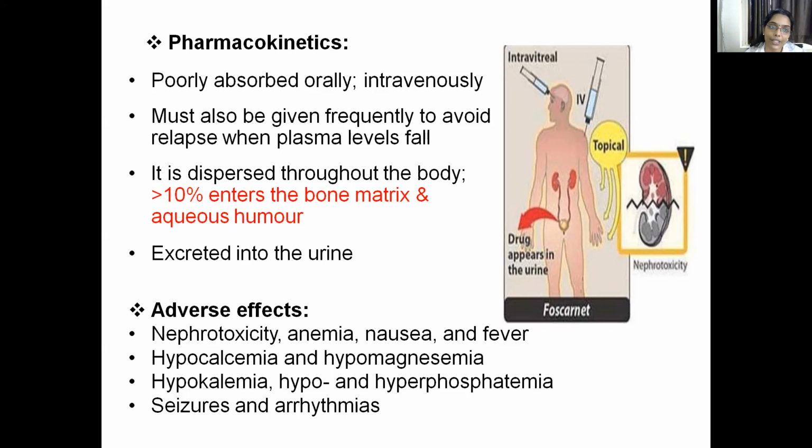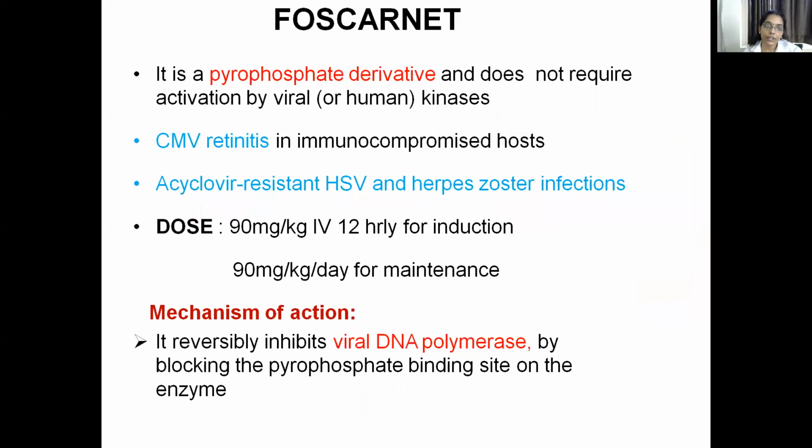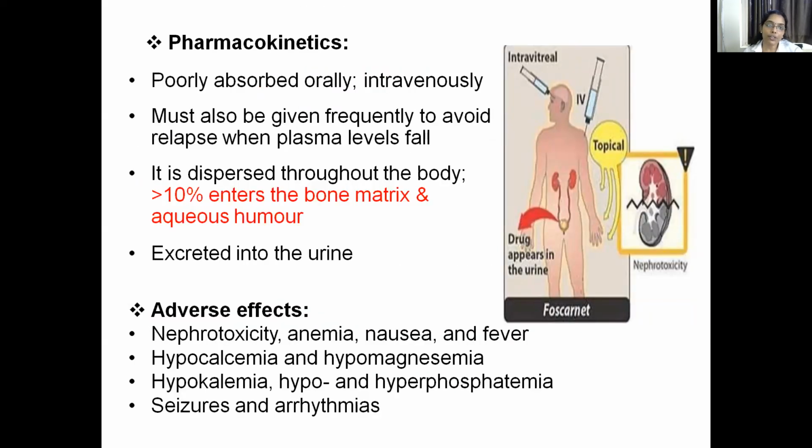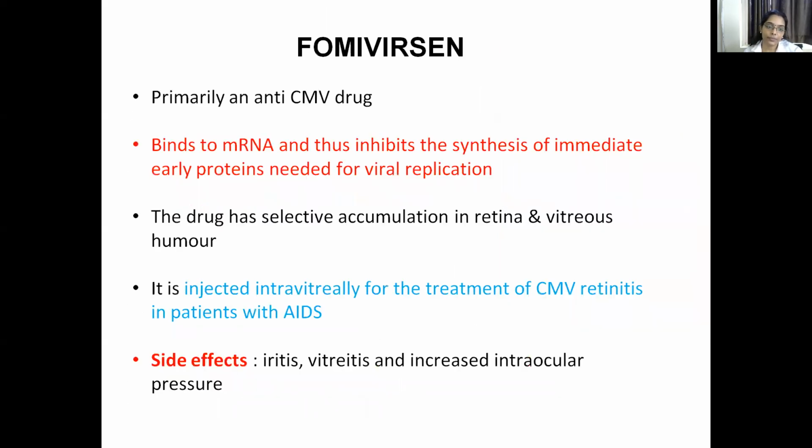These electrolyte disturbances can lead to neurological and cardiovascular disturbances, such as seizures and arrhythmias. Is it clear? This is important. Cidofovir and foscarnet are important. Nephrotoxicity and electrolyte disturbances are the important adverse effects.